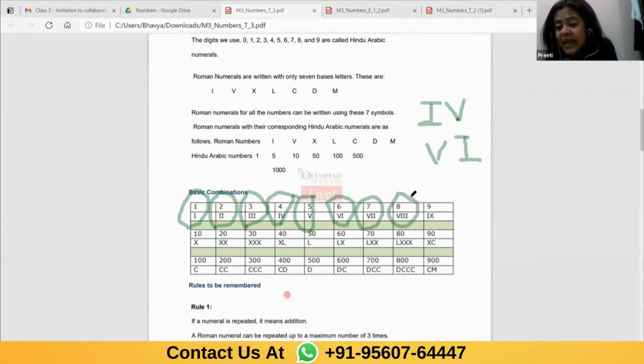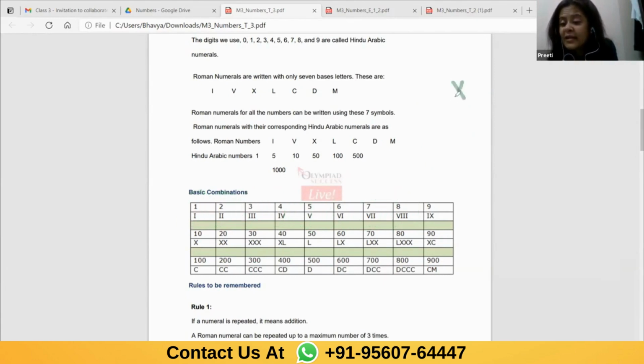Now the problem again comes when it comes to number 9. I have symbol of 10 and I know that 10 minus 1 is 9. So let me write the symbol of 1 on the left hand side of X and I can make 9.